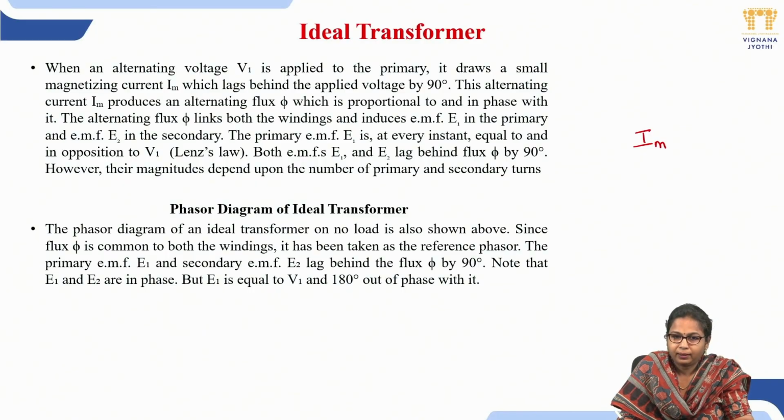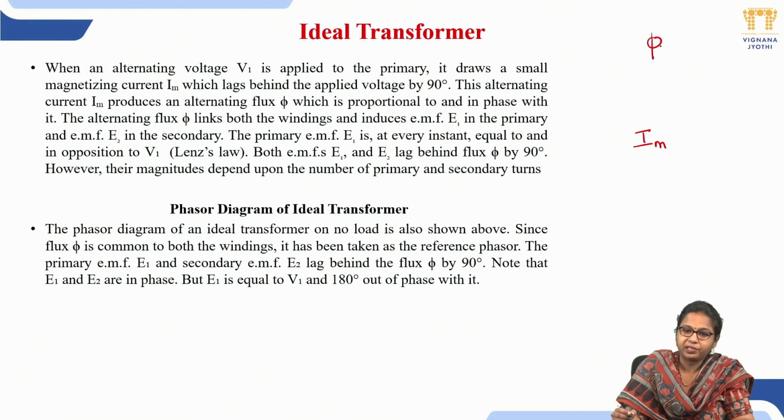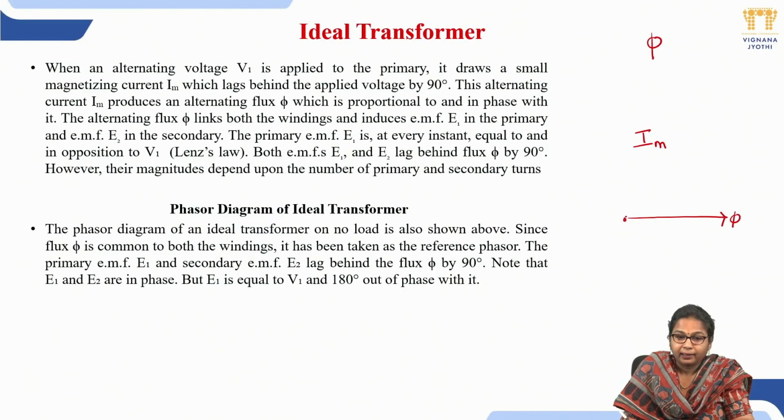In a transformer, we know that flux is the only quantity which links with both primary and secondary. The current that is produced always magnetizes the core, and definitely it will be in phase with the flux, and it will always lag behind the applied voltage.